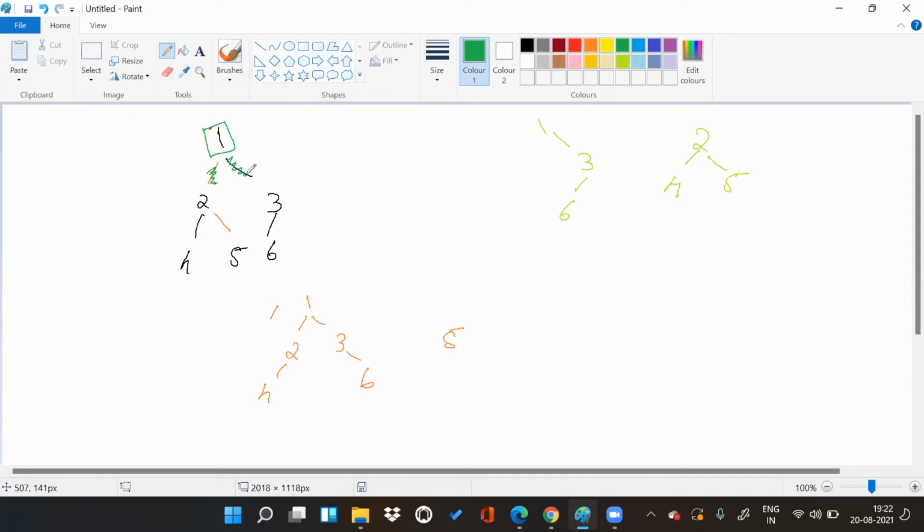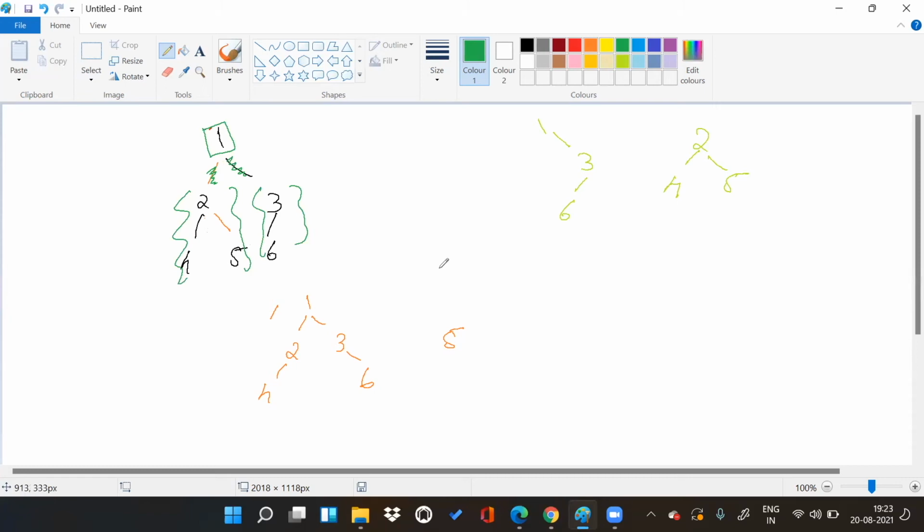So in order to find the answer, we need to remove one of the edges. We are actually not removing the edges, but we are more into getting the left and the right subtrees' sum, right? So we can easily get the left part sum and the right part sum.